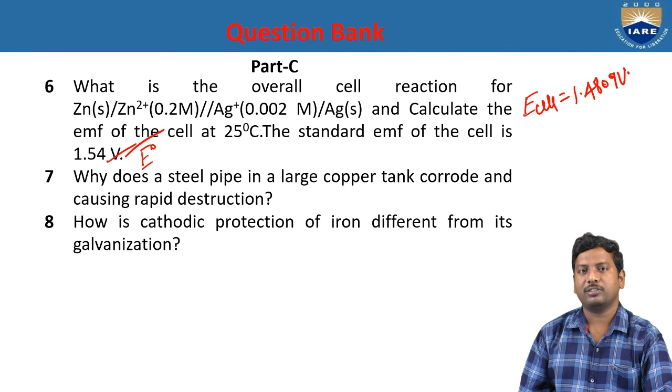But in galvanization, it depends upon surface coatings. There is no presence of electricity. That means the base metal of iron is coated with zinc. So it is a purely physical phenomenon. Cathodic protection is a purely electrical phenomenon. So that is the difference between cathodic protection and the galvanization process.